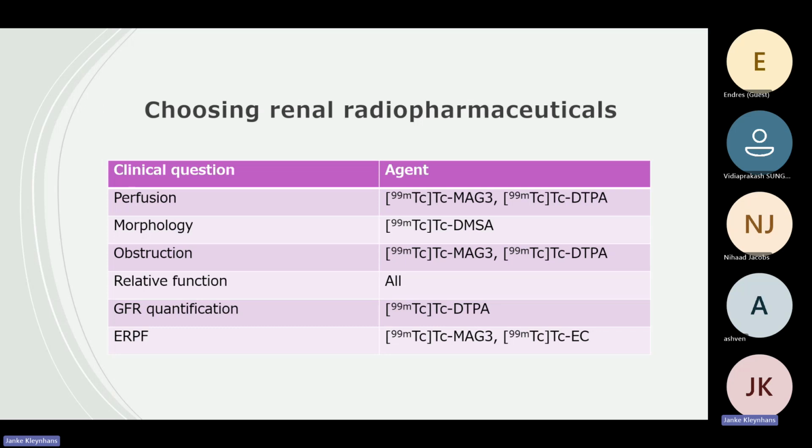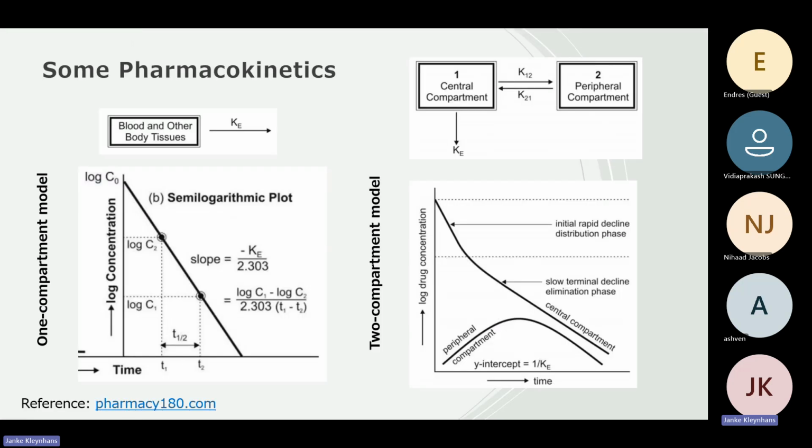So this is just the technetium agents. Of course, there are other options, and I will go into that as well, what we have used in the past or what you can still use, non-imaging as well as imaging, but these are the technetium tracers, and you should know what you want to do and which one to choose.